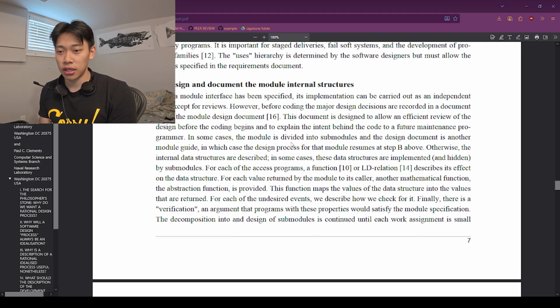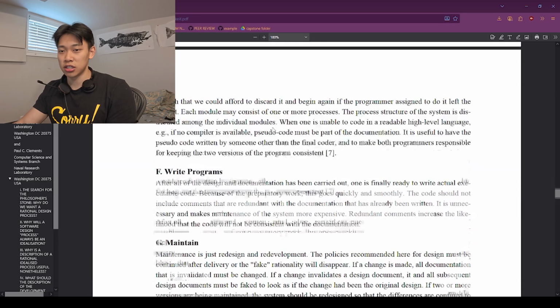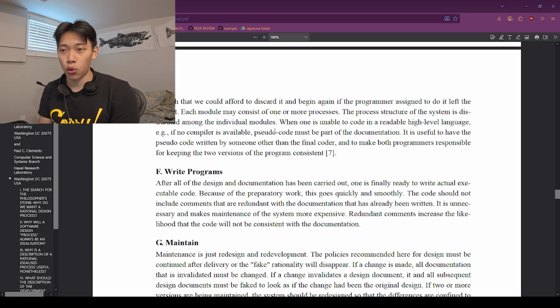The decomposition into and design of submodules is continued until each work assignment is small enough that we can afford to discard it, and begin again if the programmer assigned to do it left the project. Each module may consist of one or more processes.